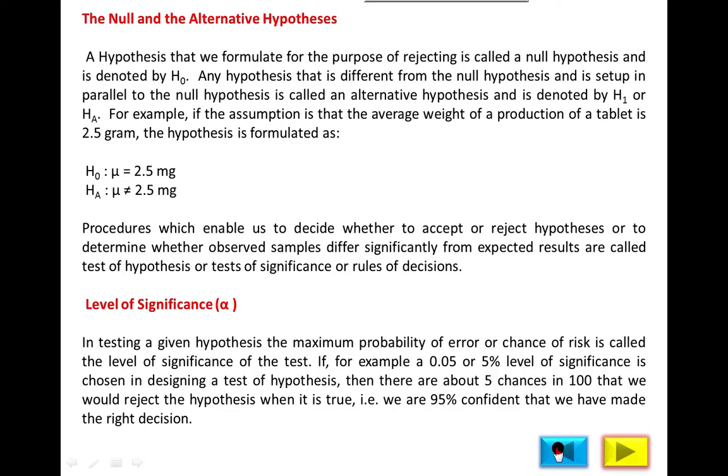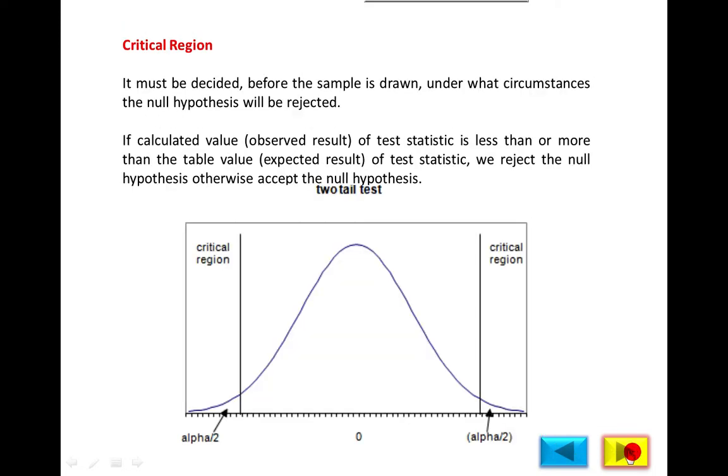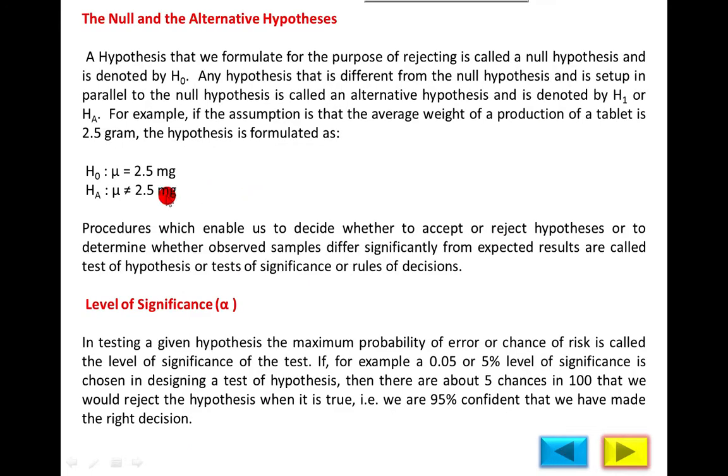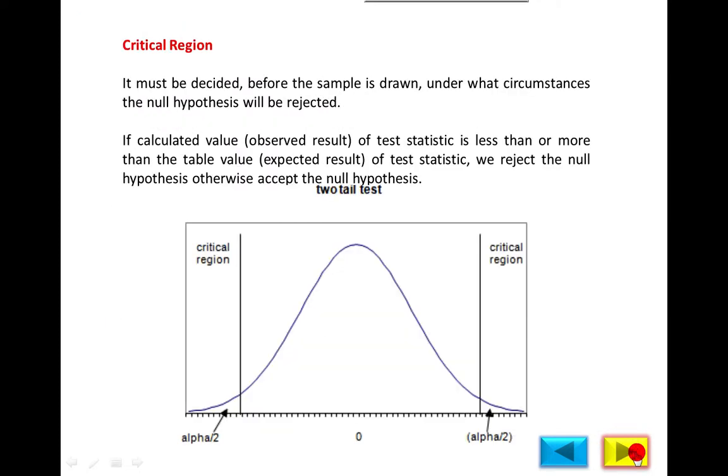So if the level of significance is 5% or 0.05, it means that out of the total 100%, 5% is the area, and the values of the test statistic may be negative or positive. If the alternate hypothesis is not equal to, meaning less than and more than, then we draw the diagram like this.